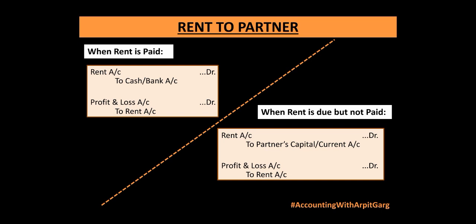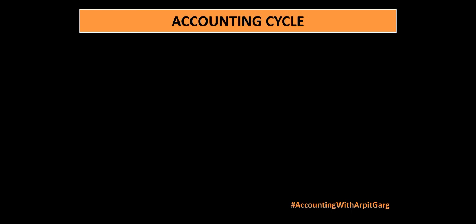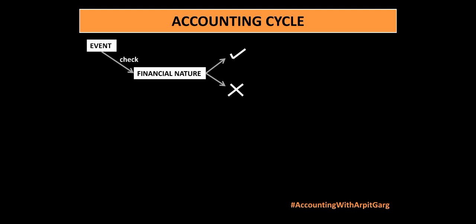Okay, let's relax and move to a very easy topic, that is the accounting cycle. Here, an event occurs, then we check whether the event is of financial nature or not.